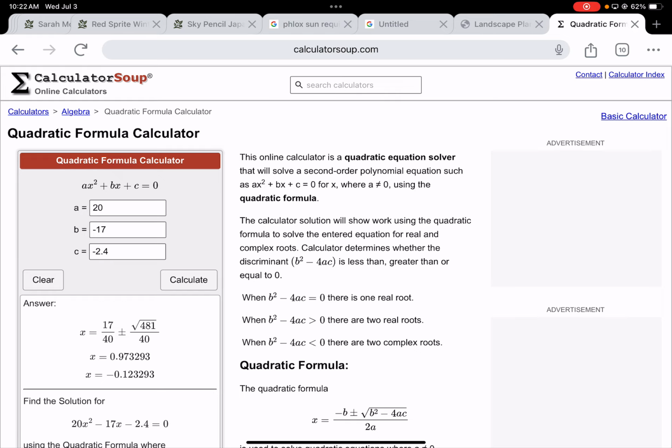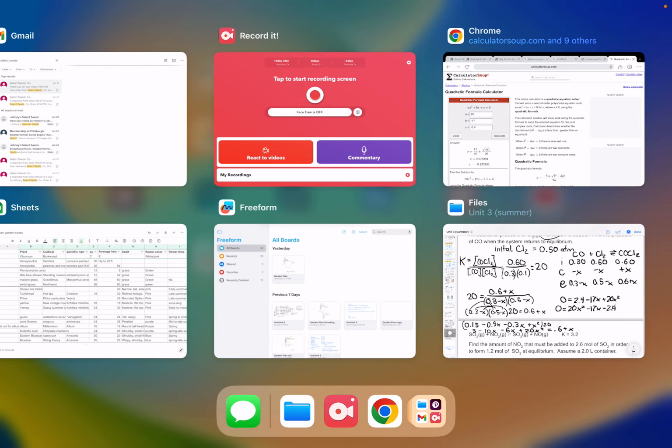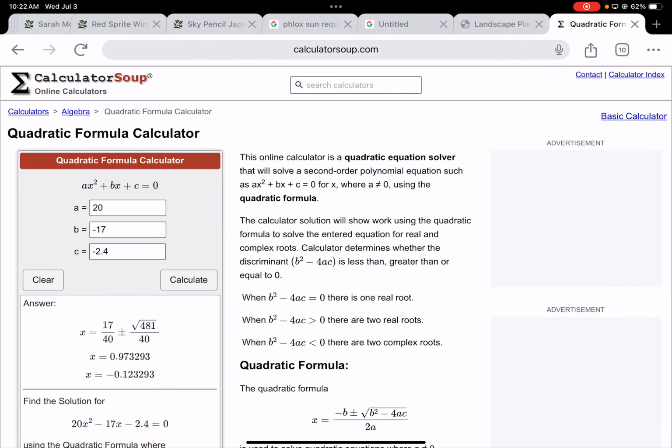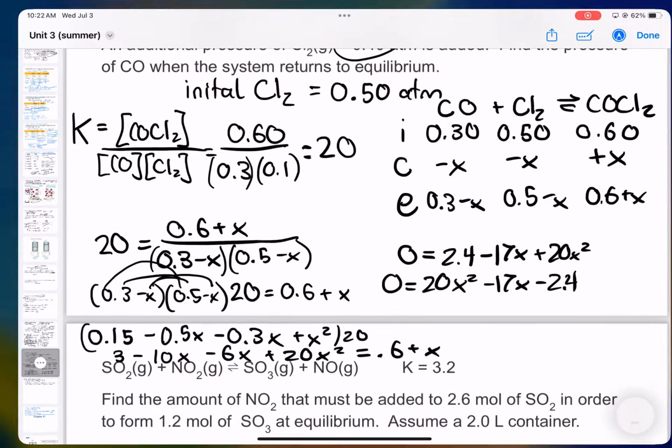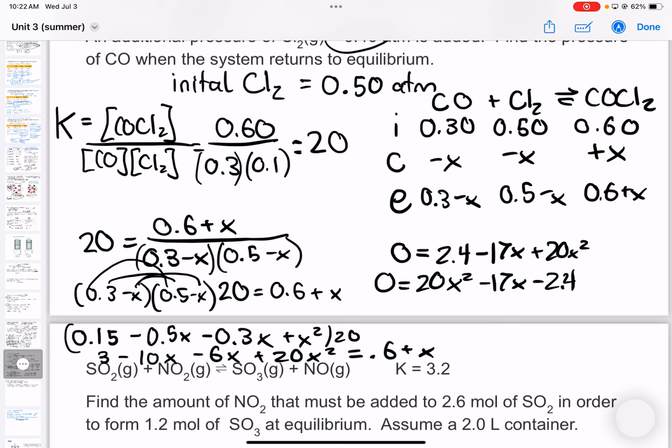Yeah, so I forgot the negative on the 20, so I'll do that in a second. So when you get the value, the reason I knew it didn't make any sense was because the two values are down here. Obviously, it can't be negative. 0.97 though, that can't be right because I have to subtract it off of 0.3 and 0.5. So that would give me a negative equilibrium concentration.